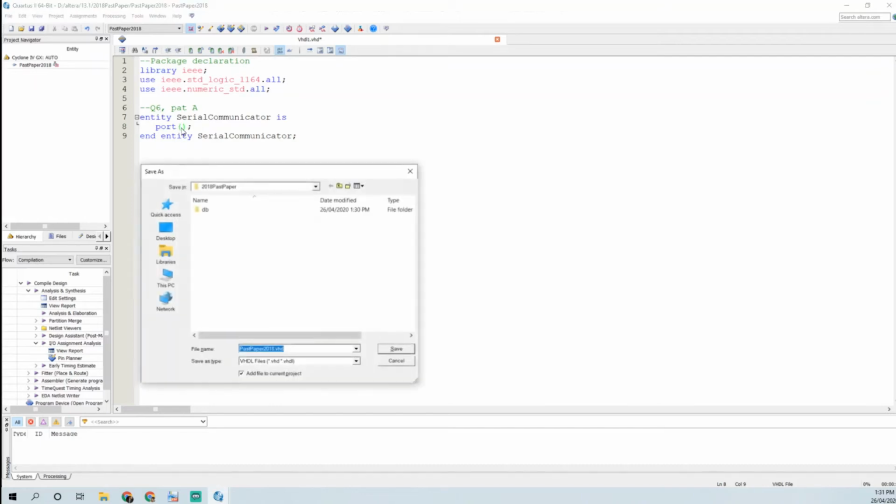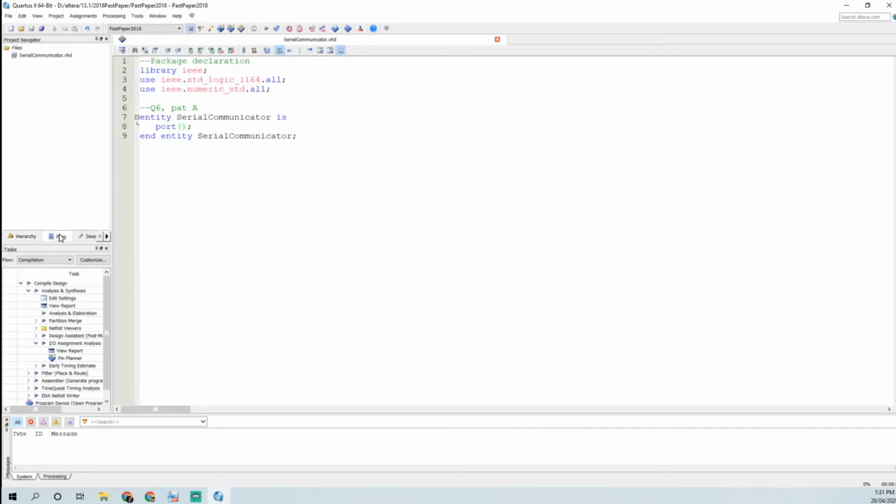So it's good for us to get practice for this. Okay, so I'm going to call this serial communicator.vhd. That's probably going to cause a problem with the top level entity, so let me just set this here.